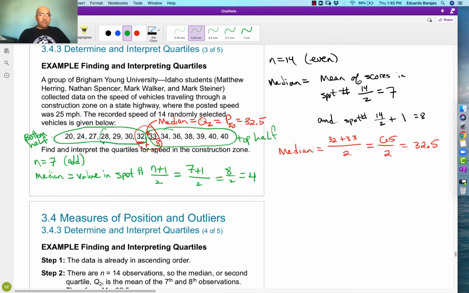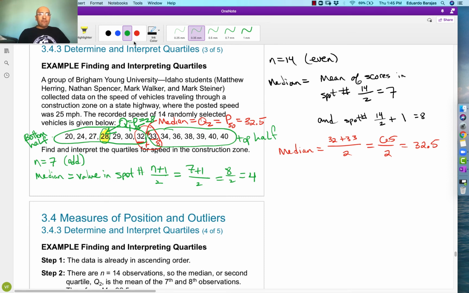That's this guy. The 28 is the median of the bottom half, which means this is Q sub 1, also known as P sub 25. 28 is the first quartile.